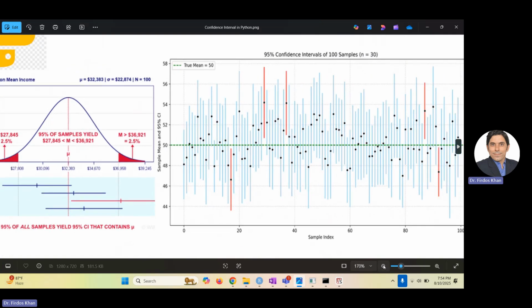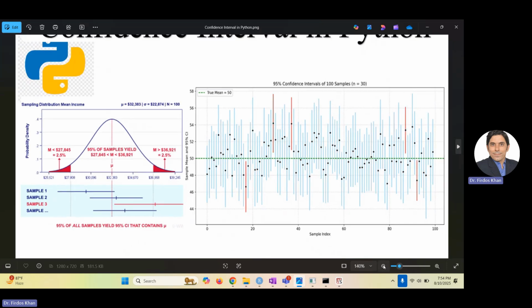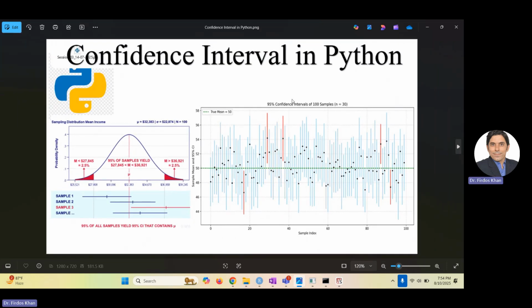So this means that 100 samples are drawn, each of size 30, and then 95% confidence intervals were calculated. You can see that 95 of them cover the population mean, but 5 of them, 1, 2, 3, 4, 5, do not cover the population mean mu, which is represented by the green line here.